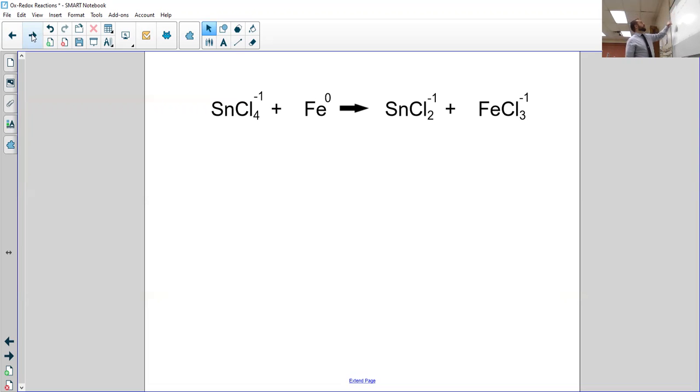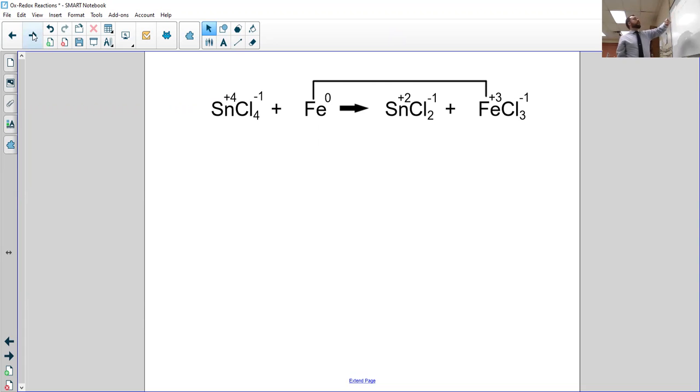So for the first one here, we have -1 for the chlorine times 4 of them, so we know that our tin there is going to be +4 to balance that out. We have -1 times 2 here, which is -2, so we get +2 for the tin over here. And then -1 times 3 is -3, so we get +3 for the iron over there. Now we have to look to see what's changing from one side to the other.